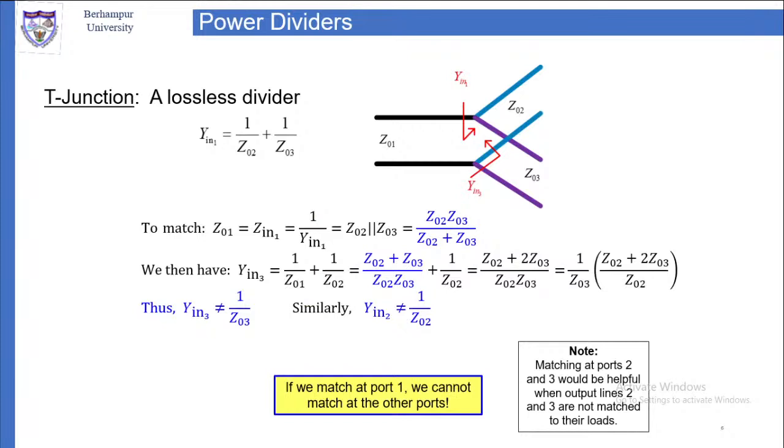Now let us consider a power divider, a real power divider. You can see the figure here. In the figure, we have a transmission line whose characteristic impedance is Z01.